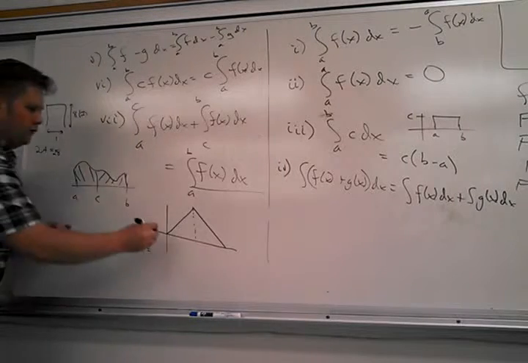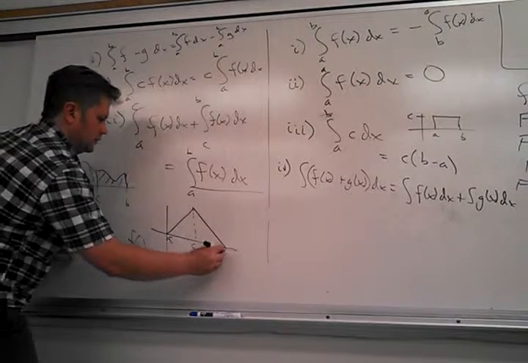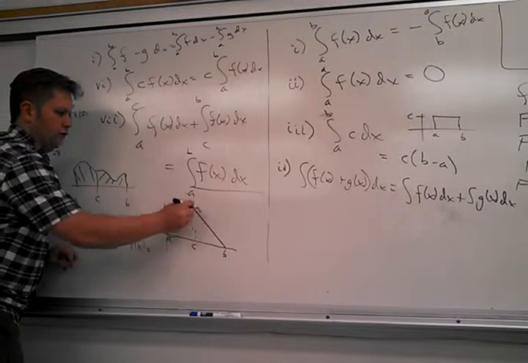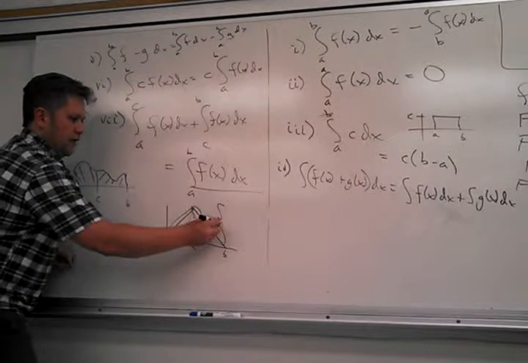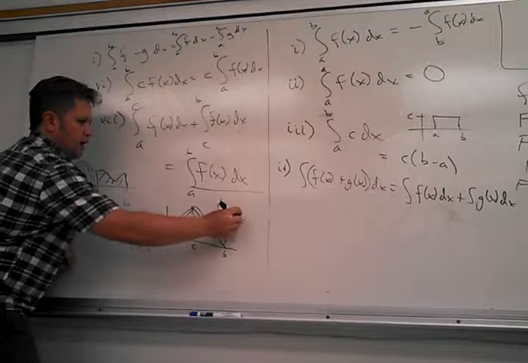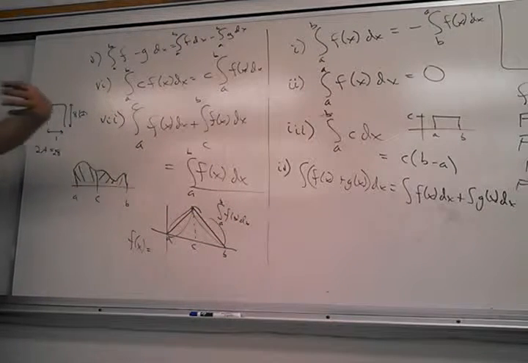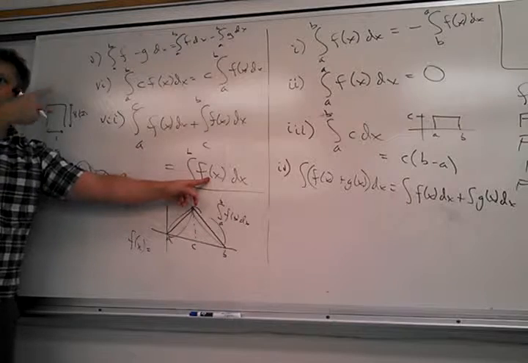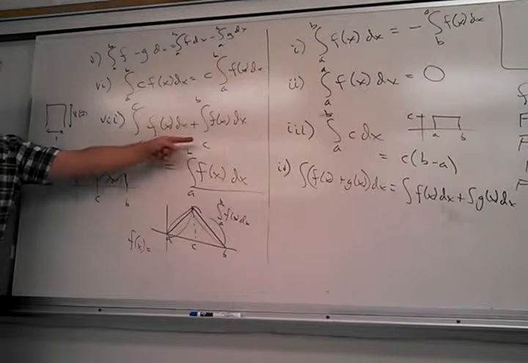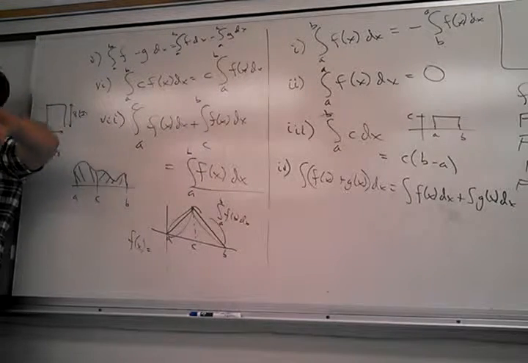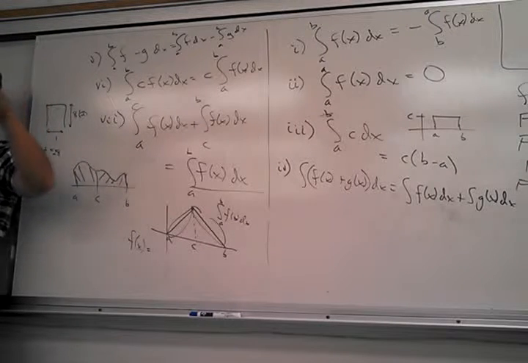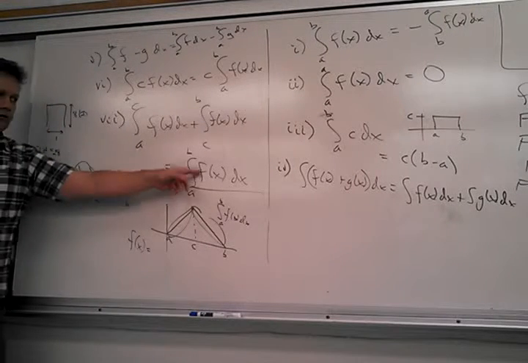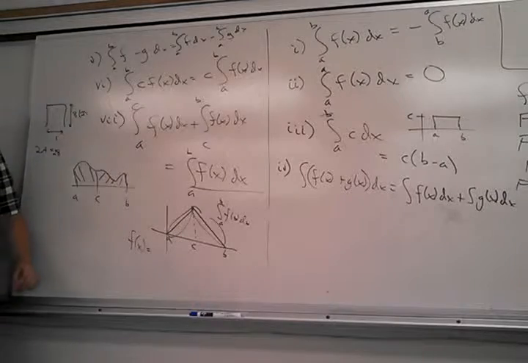So I'd have to integrate from A to C and then from C to B, because I'd have different functions. So the integral from A to B of this function, to even be able to do it, I have to break it apart, because the function looks different depending on what side I'm on. So that's really the way this works. This very often is used in reverse, because you got something weird that happens at the point C. So I've got to break my integral up so I can handle that weirdness at C. So we use this in reverse very often in calculus.